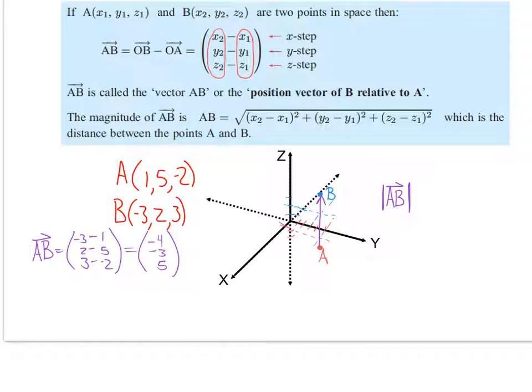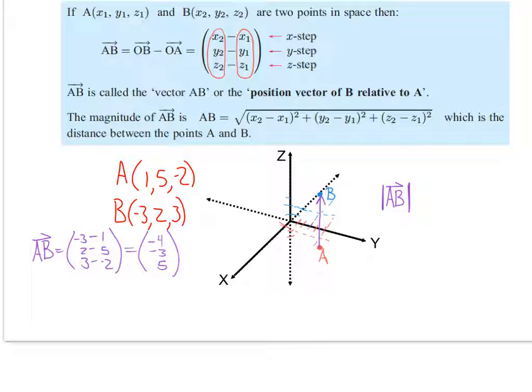But they have the x-coordinate minus the x-coordinate squared. Well, this is just the x component of the vector. This is just the y component of the vector, and this is just the z component of the vector.